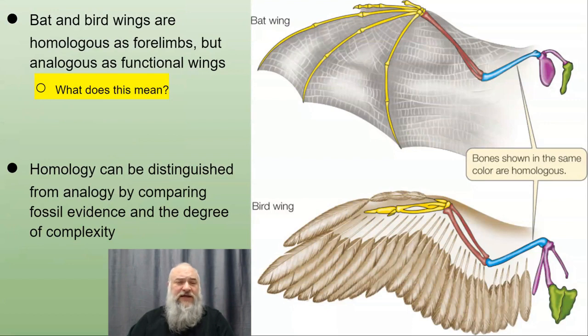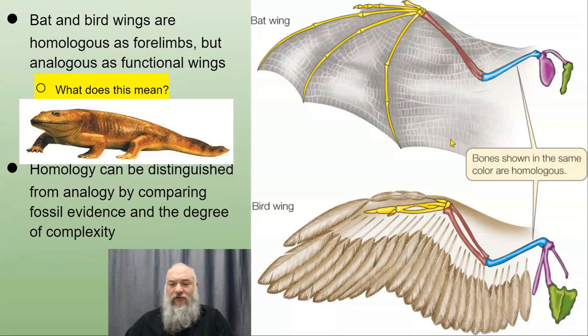Can you explain that to me? Yeah, so if you go far enough back, it's like 350 million years, you can find a four-legged animal that eventually split up a whole bunch of times, and one of those branches became birds, another branch became bats, way back when, okay?